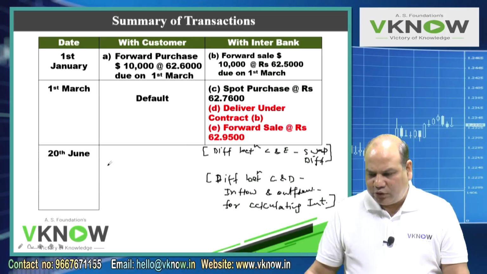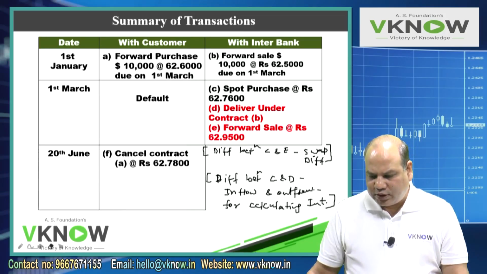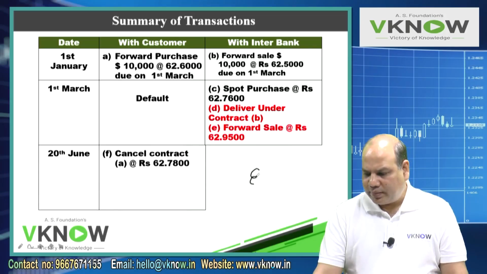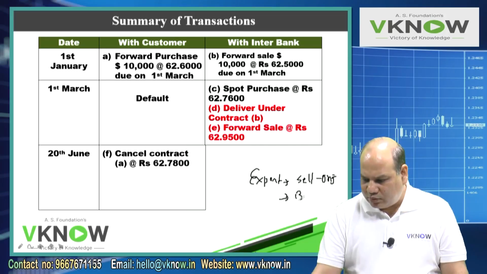And then on 20th June, the customer defaults. So we'll cancel the contract. He is an export customer. What does an exporter do? First they sell the original contract, and then they buy the opposite contract.